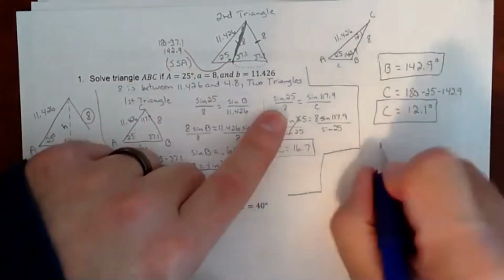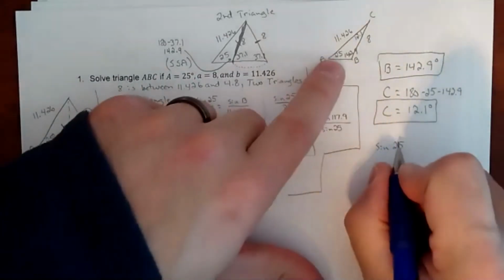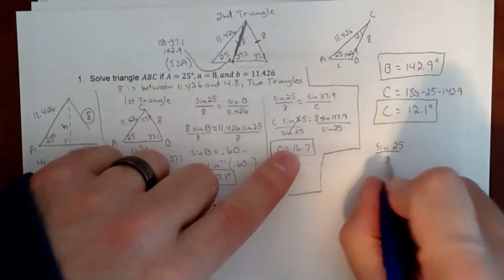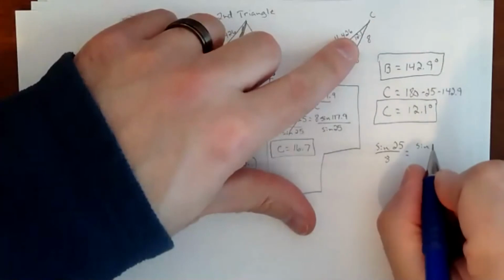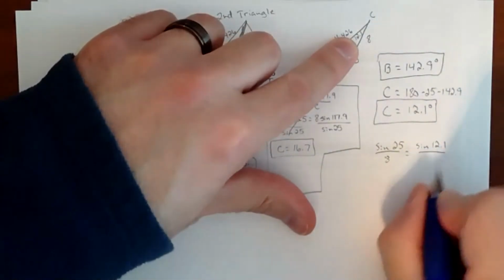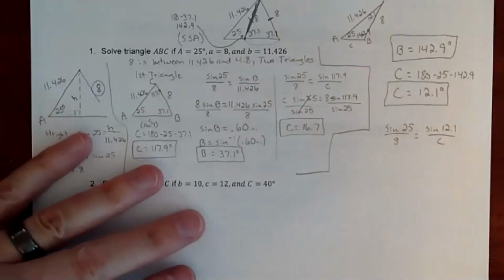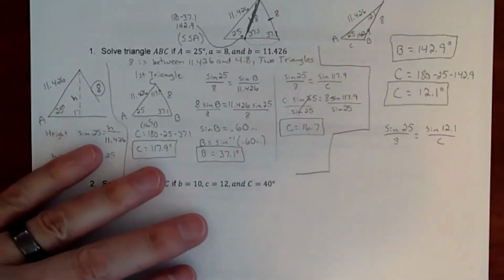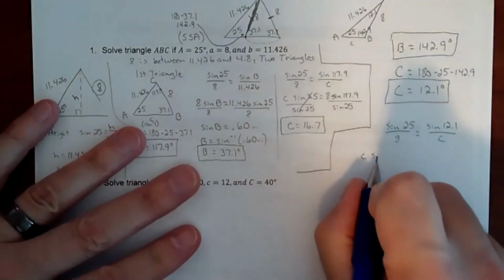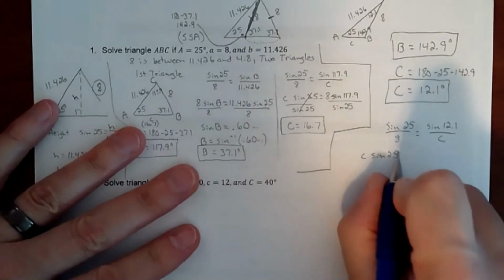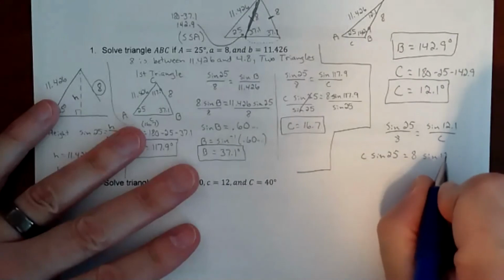So we go back to the beginning. Sine of 25 over 8 equals sine of 12.1 over little c. One last solving. All right, so cross multiply, we get c sine of 25 equals 8 sine of 12.1.